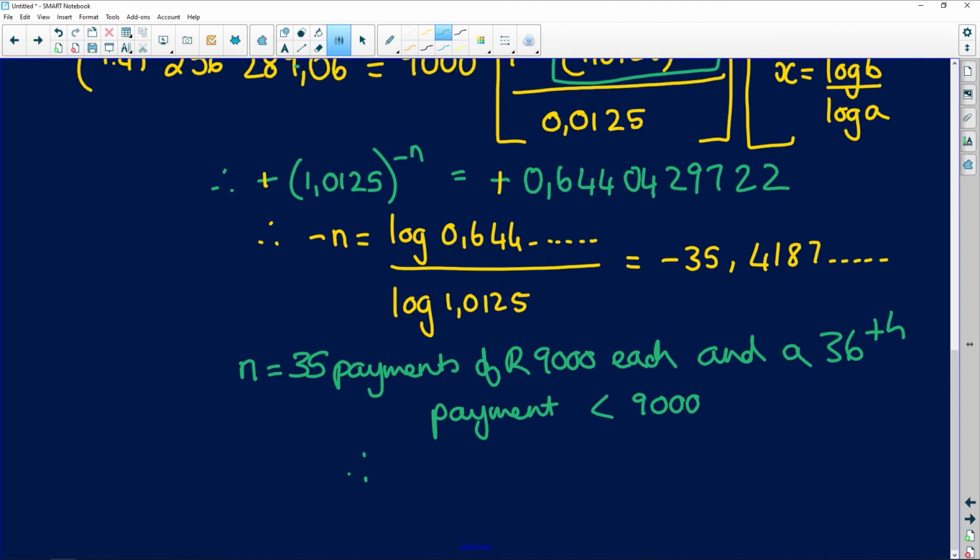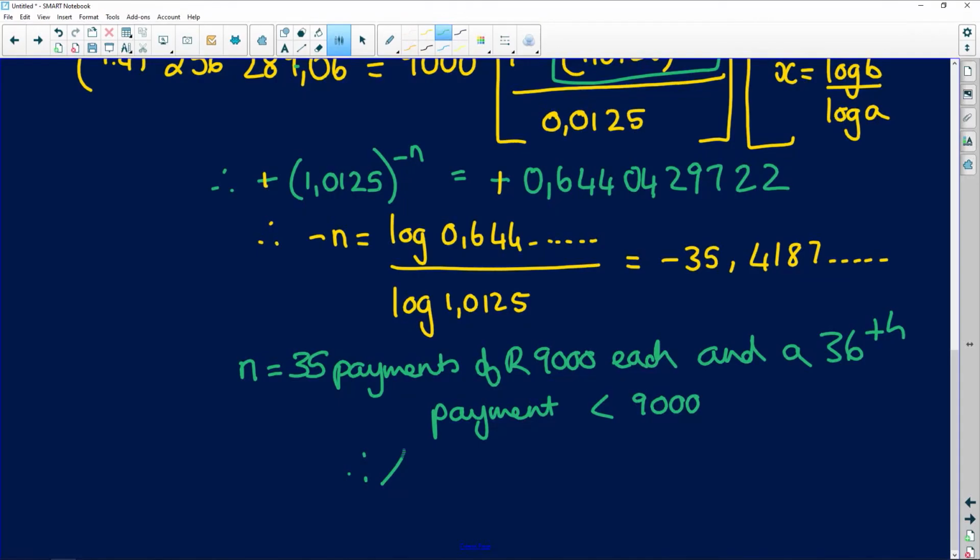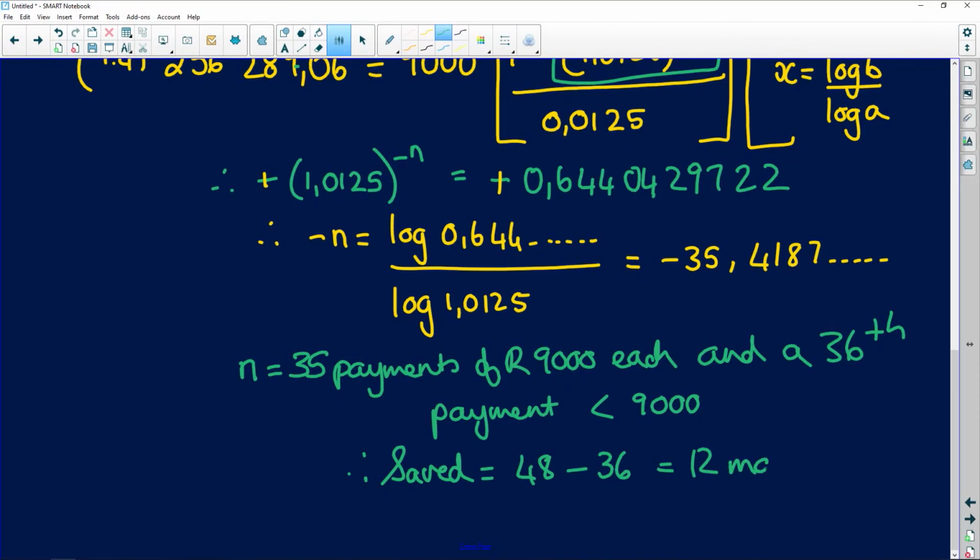So in total then, the amount of time that was saved on this loan is the initial period of the loan. So let's write that down. Saved was the initial period of 48 months or payments, reduced to 36 payments, which in this case are done monthly. Okay, so it's right to think of it as months.